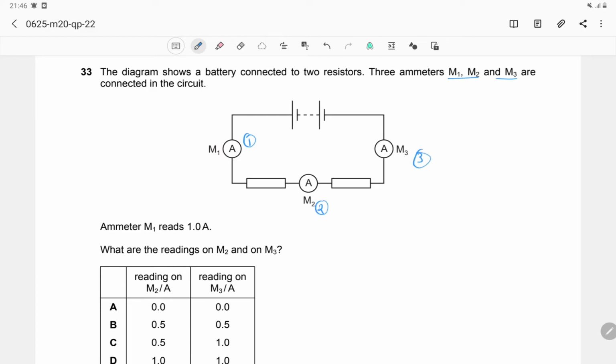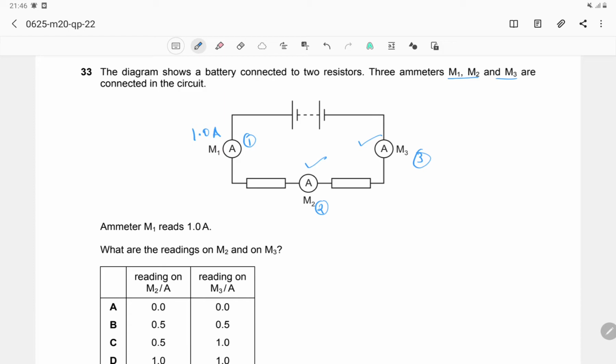Ammeters are used to measure the current in the circuit. And the reading of ammeter M1 is given, that is 1 ampere. Now you need to find what will be the reading of ammeter M2 and ammeter M3.